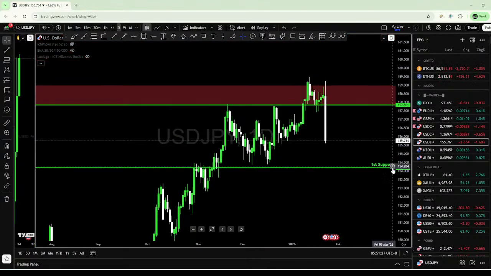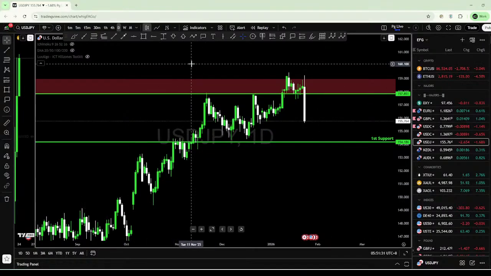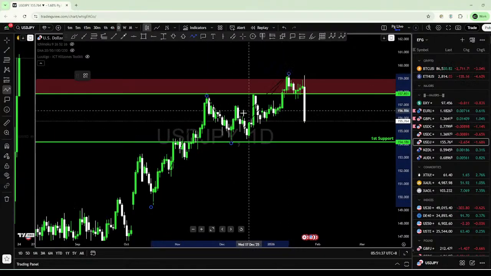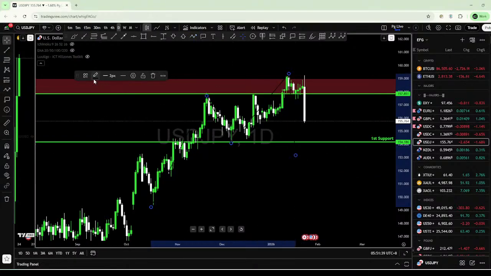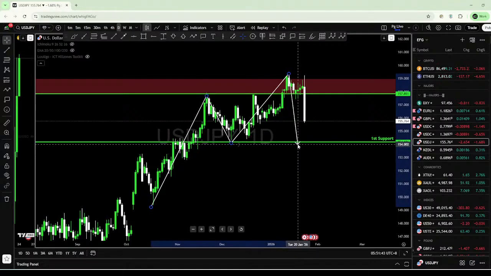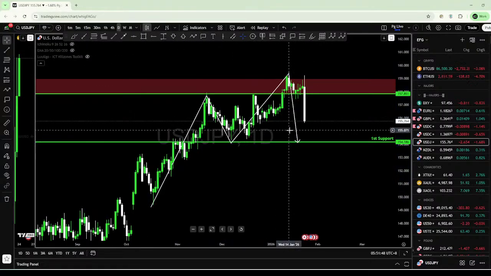Okay, so structure price still, right, makes the higher high, higher low, higher high. So this is the important low. So if price close below this, the structure will be changed, right?